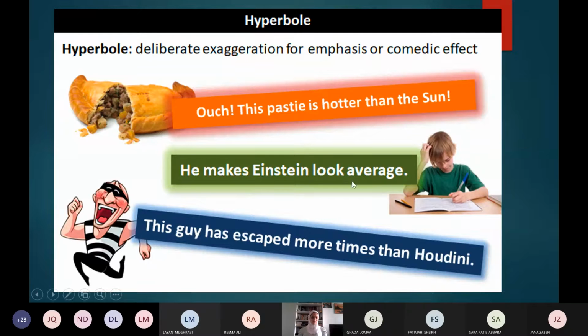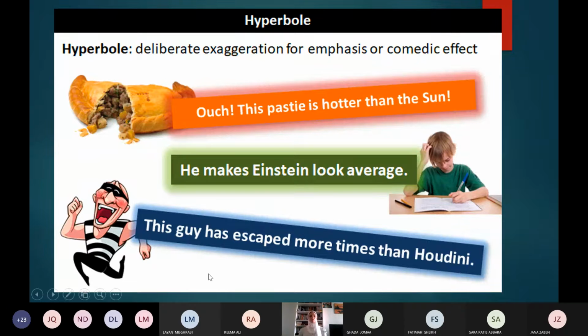He makes Einstein look average. Einstein is a genius. So when we say he makes Einstein look average, he is exaggerating how smart he is. This guy has escaped more times than Houdini. Houdini is known for escaping many times.